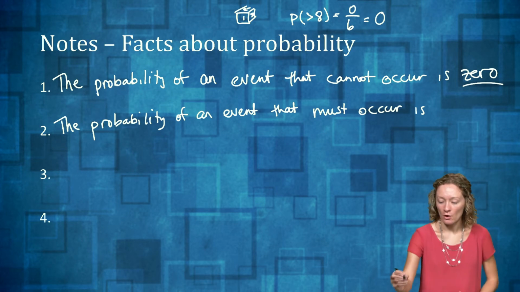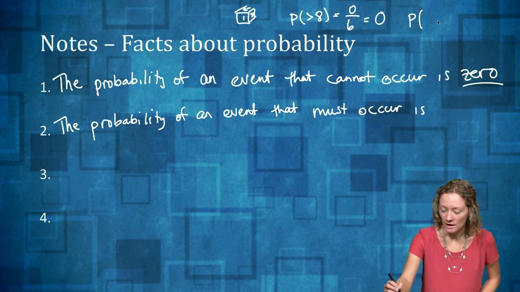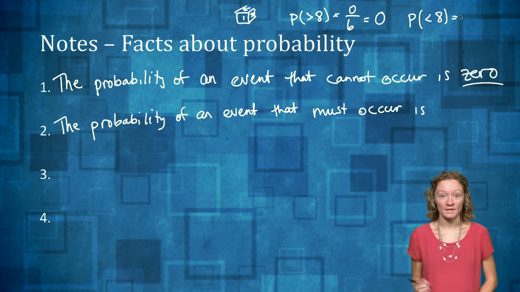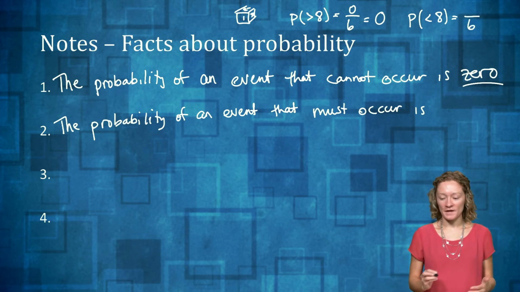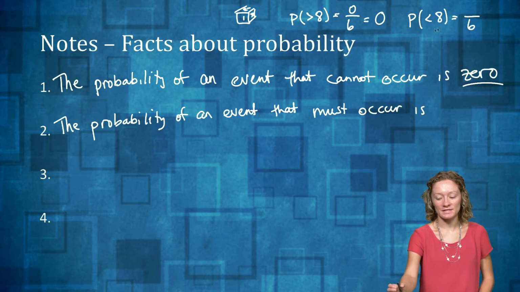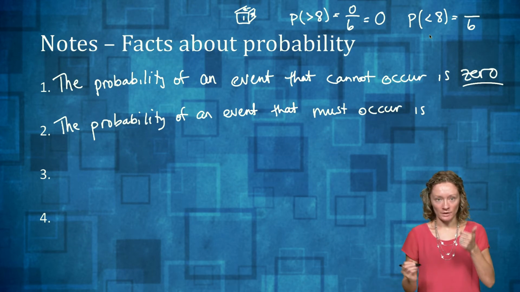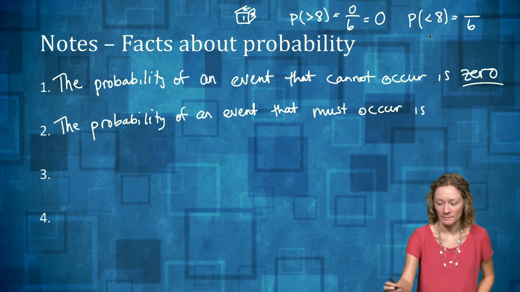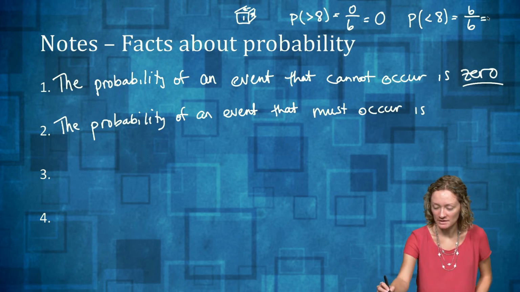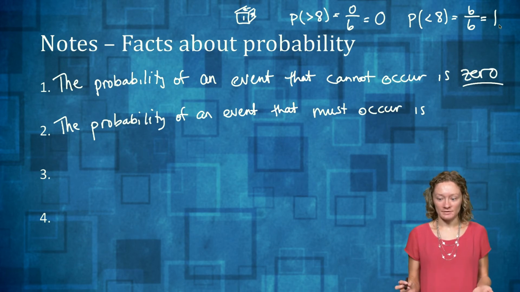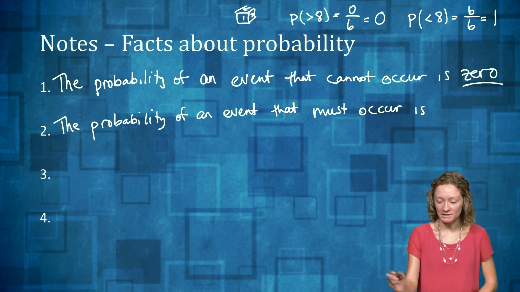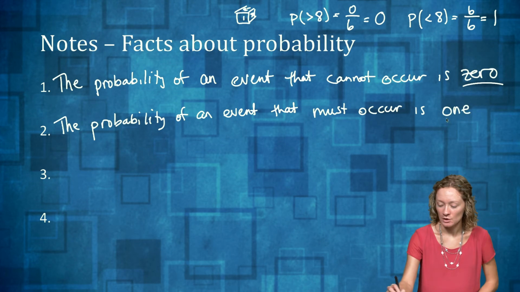So on our last roll, let's say we've done very well. We just need something that's less than 8. As long as we get something less than 8 on our last roll, we win the game. Well, we still have 6 options when we roll the die. Of those 6, how many meet this criteria of being less than 8? 1, 2, 3, 4, 5, 6. All of them are less than 8. So 6 out of 6, which simplifies to 1. It's going to happen. So the probability of an event that must occur is 1.